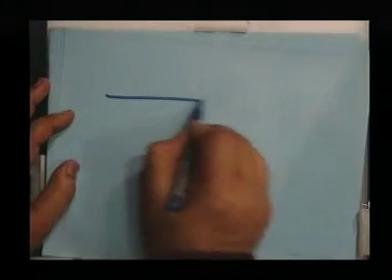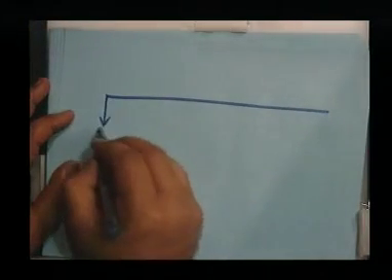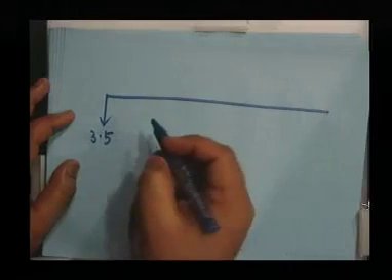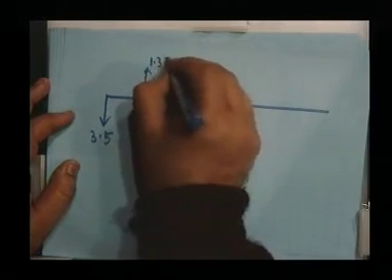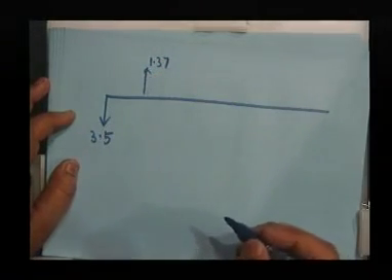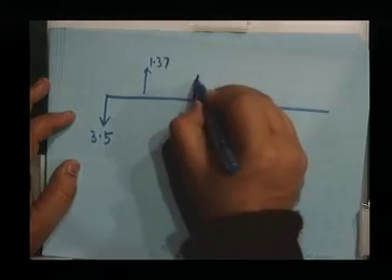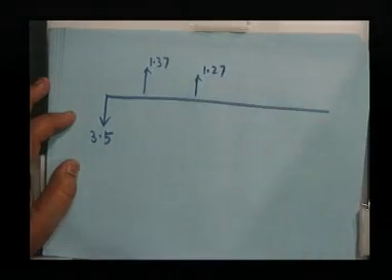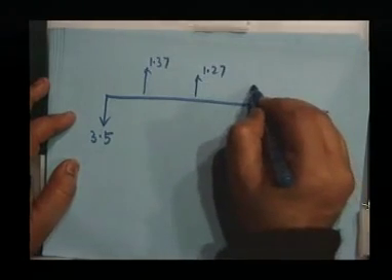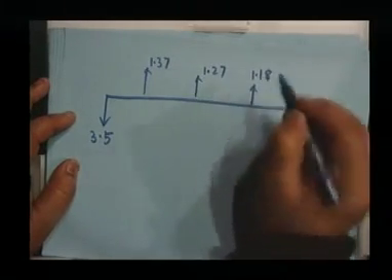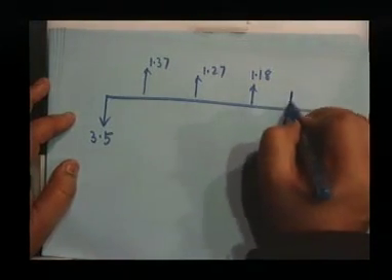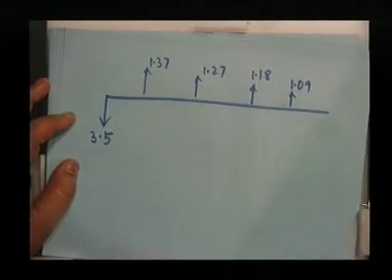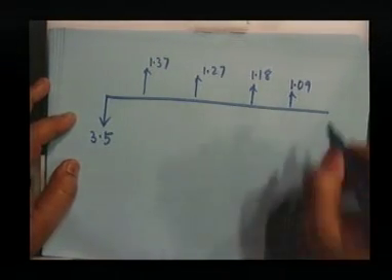The post-tax cash flow diagram for sum of years digit method is going to be like this: 3.5, 1.37, 1.27, 1.18, 1.09 and finally 0.99.